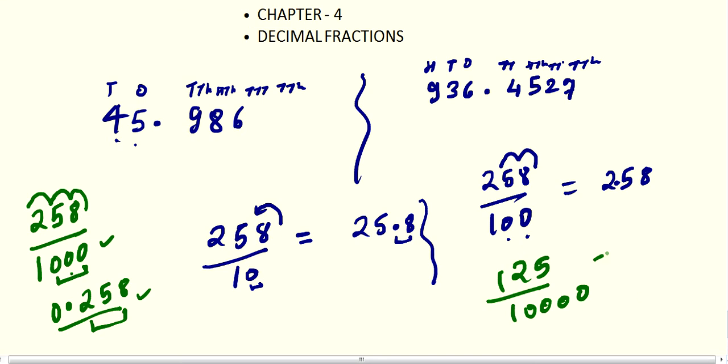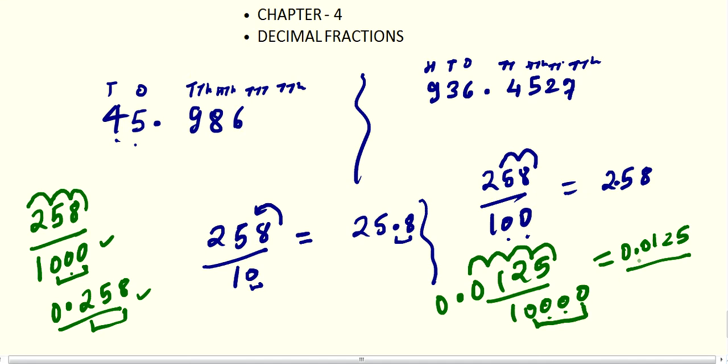In this fraction, 4 zeros are there and you have the number 125. So write 125, then 1, 2, 3, then it will make the fourth jump. So you have to write 0 here, then decimal 0. So your answer will be 0.0125. Here you have 4 zeros and after the decimal you have 4 places. That means your answer is right.